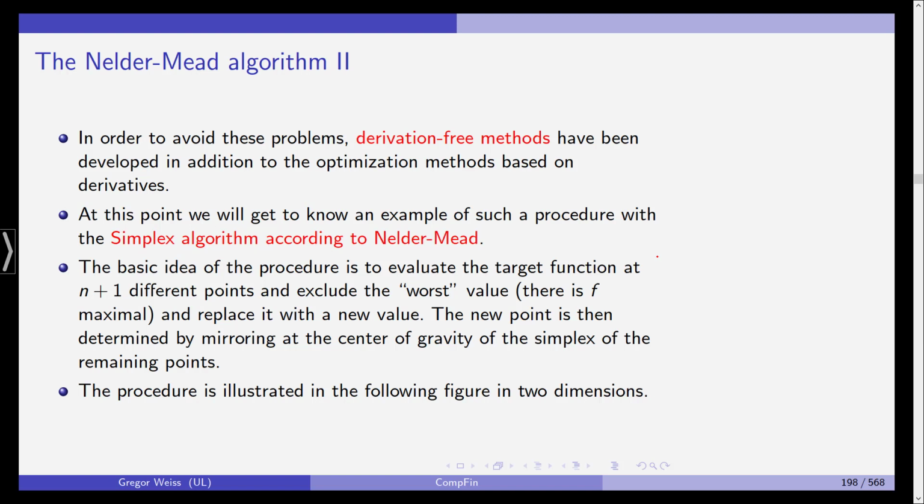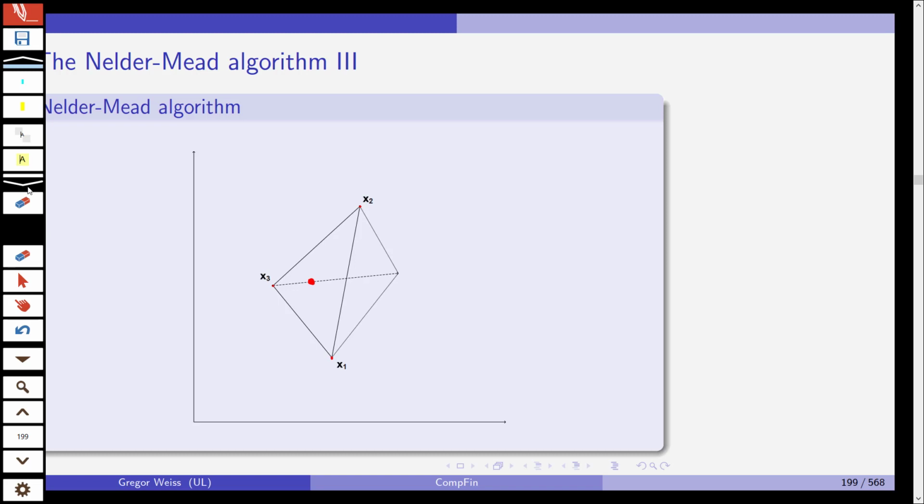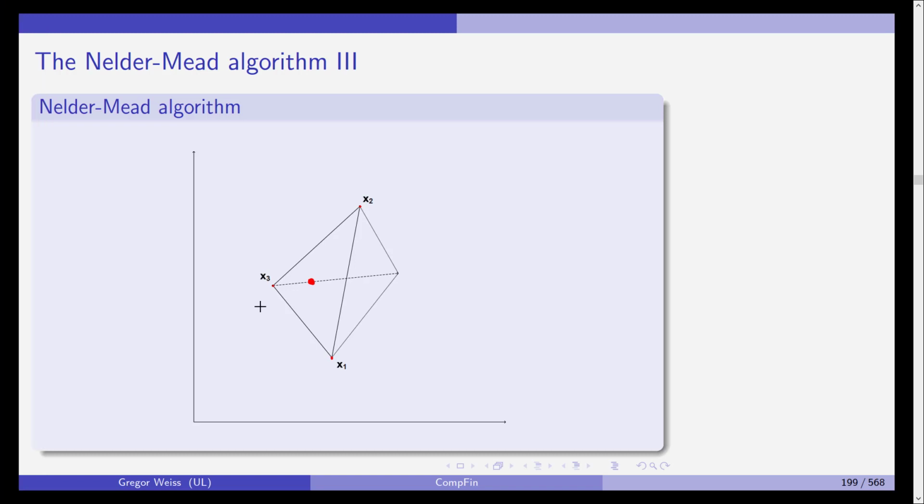You might know this, the simplex is a convex polyhedron. So the idea is shown in the following. We have x1, x2, and x3. Now imagine that x3 is to be excluded, and let this be the point of gravity of this triangle.